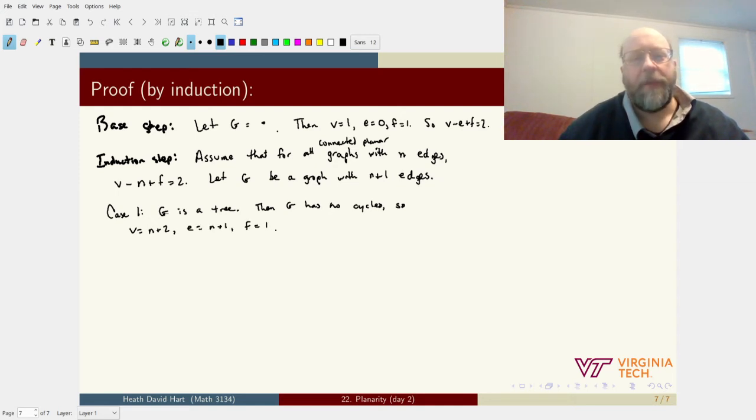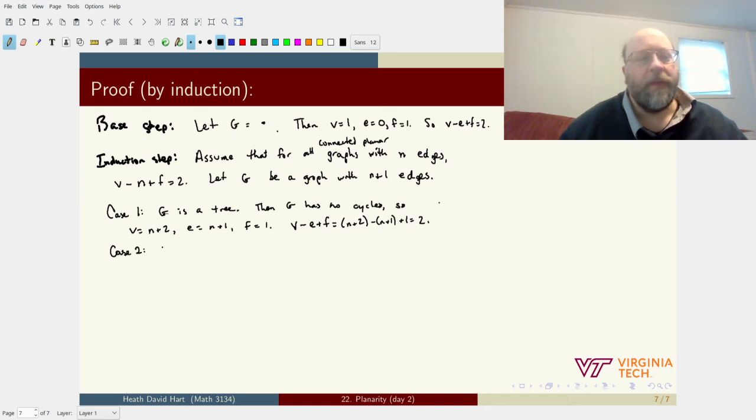And faces is just going to be 1 because G has no cycles. If all I have is a tree, then there are no closed off regions. The entire plane will just be one face. And then vertices minus edges plus faces, I keep getting this backwards, is equal to n plus 2 minus n plus 1 plus 1, which is equal to 2.